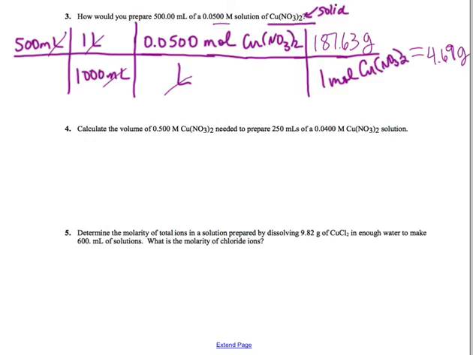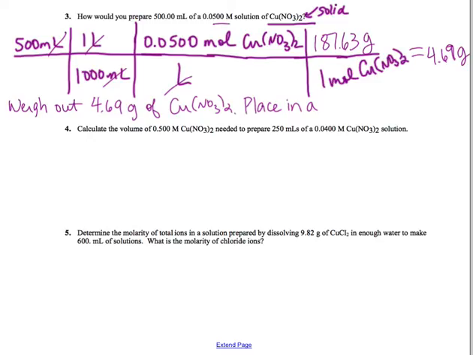And so now I want to write how we would make it. We're going to weigh out, and this is the important part, how to make it. I'm holding you responsible for knowing how to make it, not just to do the math. Weigh out 4.69 grams of copper 2 nitrate. Place in a, what kind of flask?